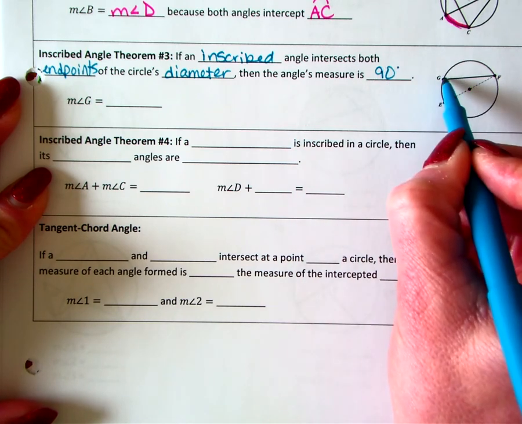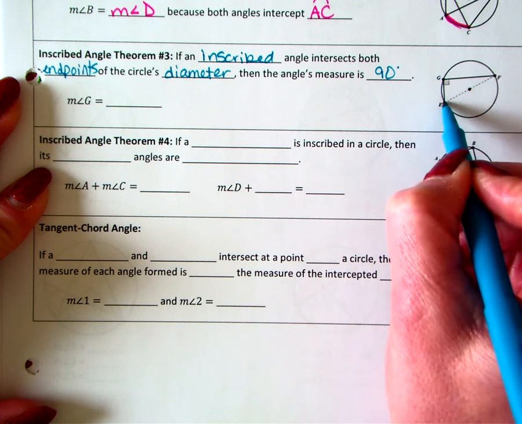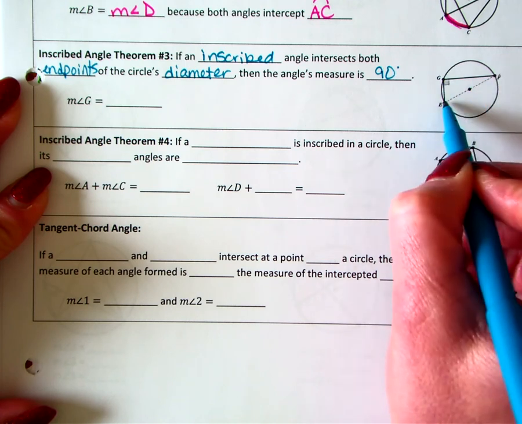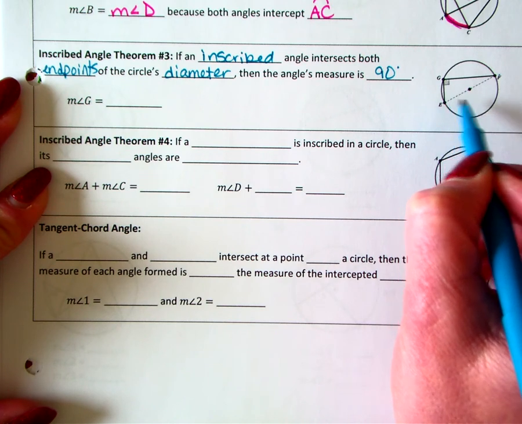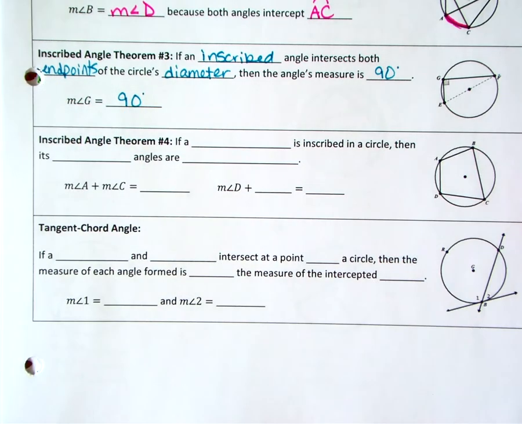Okay, so my vertex is on the circle, okay, and the 2 chords endpoints, so F and E, form the diameter. Okay, so the measure of angle G is simply 90 degrees.